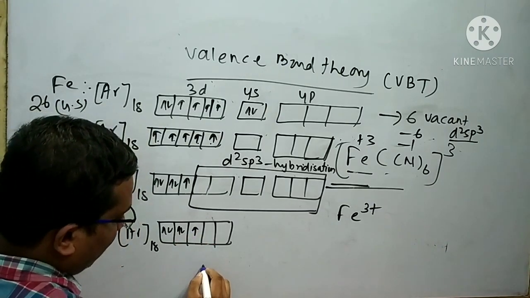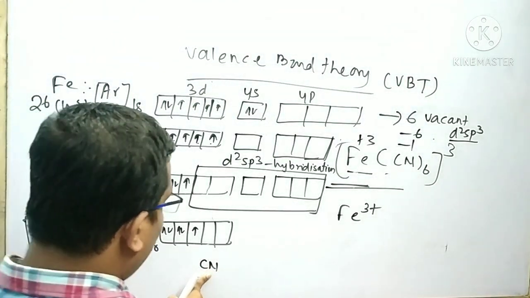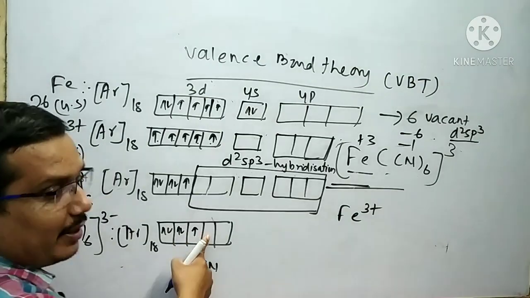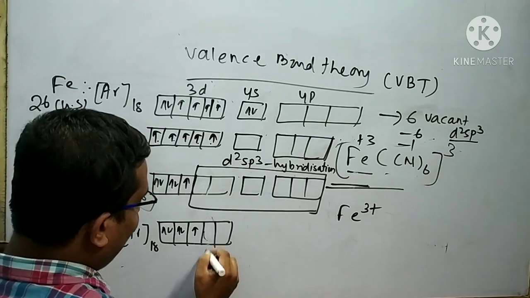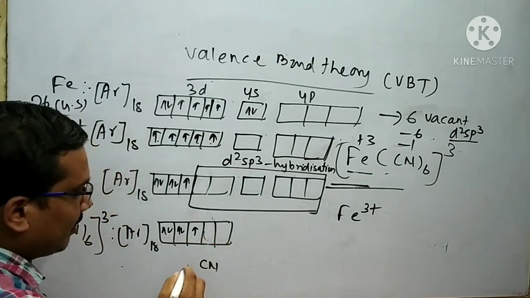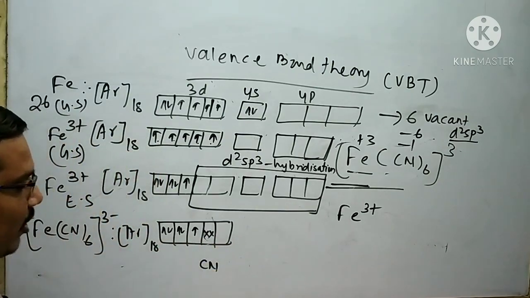Now I can overlap the filled orbital of the ligand with the vacant hybrid orbital. Now the ligand donates electrons to the central metal atom. So here I can write 2 cross signs.